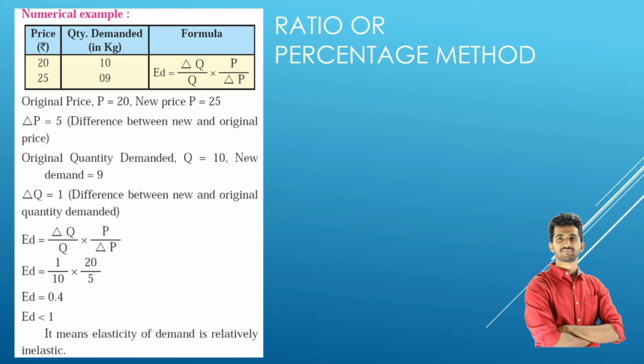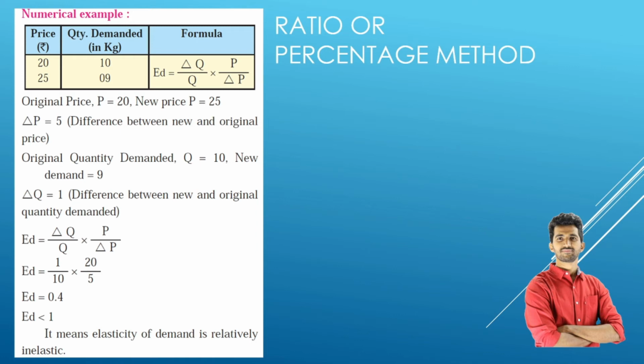Similarly, the price changes and increases from 20 to rupees 25. Here, with the increase in price, there is a change in quantity demanded from 10 to 9. So the formula states change in quantity upon change in price. So we need to find the difference between new and original price and the difference between new and original demand.